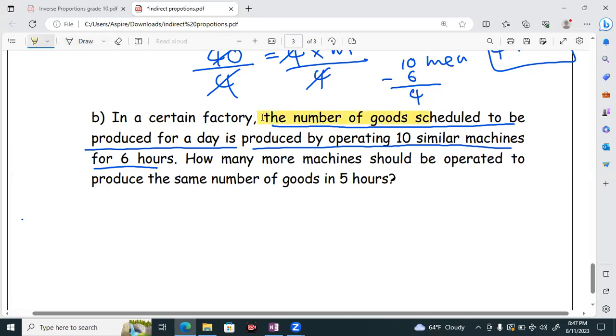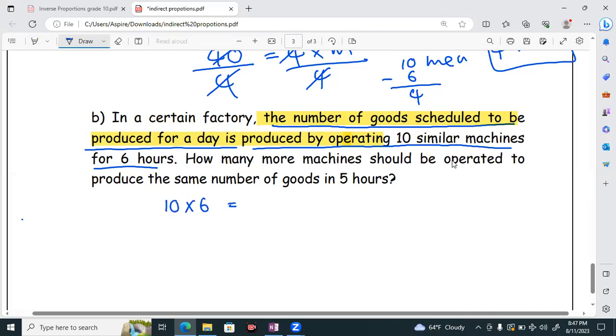It talks about the work, just like excavating a canal or building a wall of a school. Likewise, they have expressed the type of the work. Now this work is done by 10 similar machines for 6 hours. Then what is the magnitude of the work? It is 10 times 6.